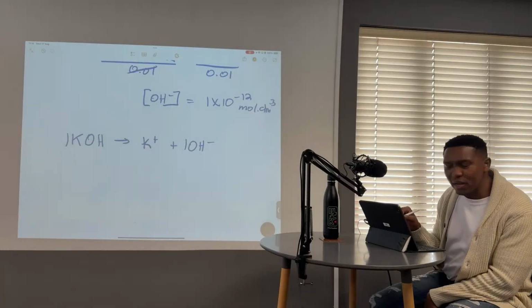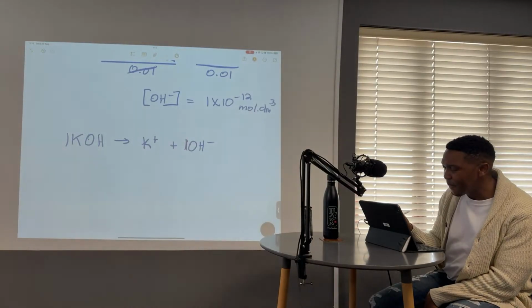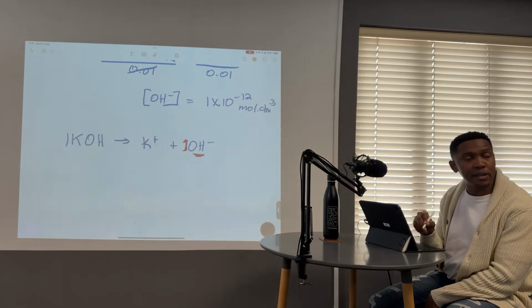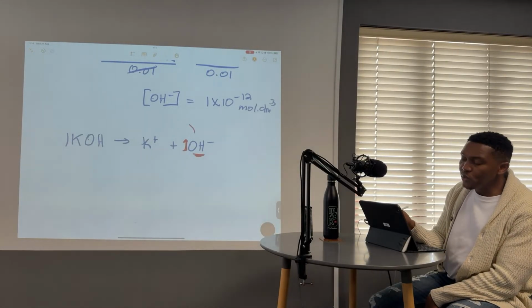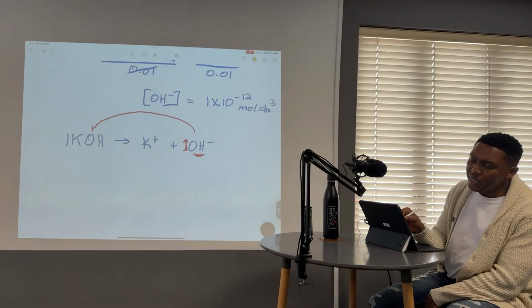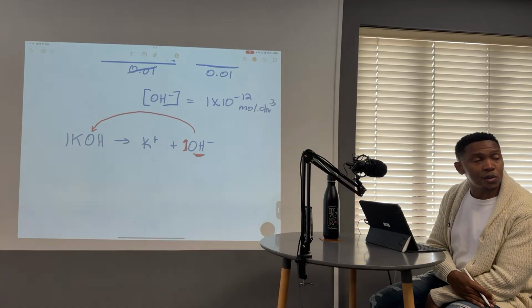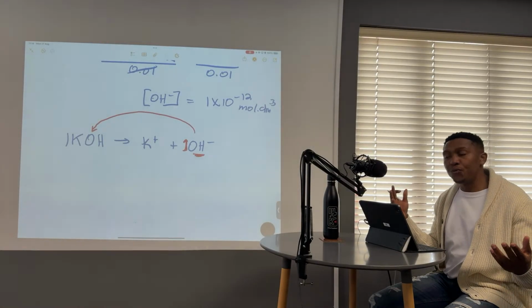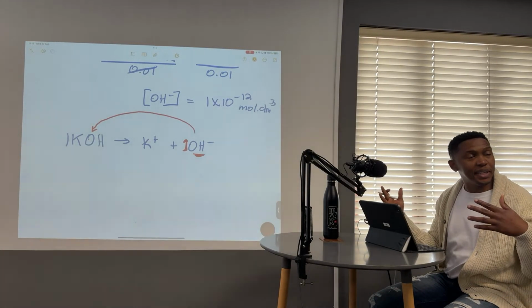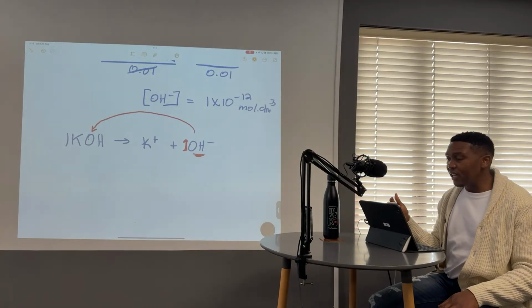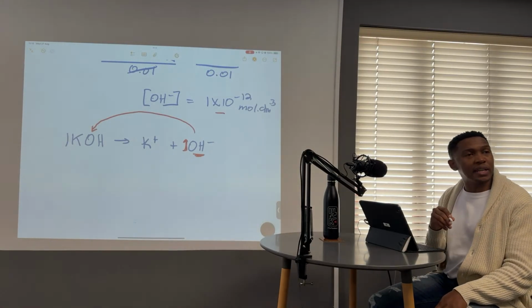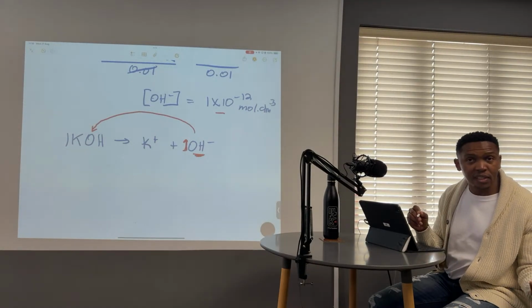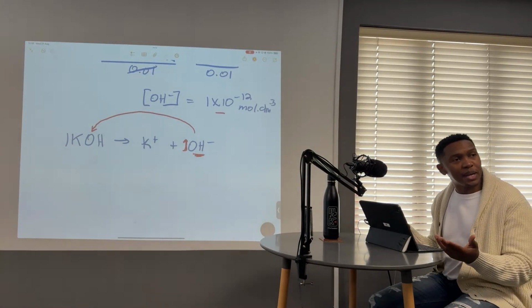Why is that 1-to-1 important? Because we already have hydroxide ions, isn't it? What are we trying to find? The concentration of potassium hydroxide. Now, if for every 1 there's 1, which means for 100 there'll be 100. It means for 1 times 10 to the power negative 12, there will be the same number, isn't it?